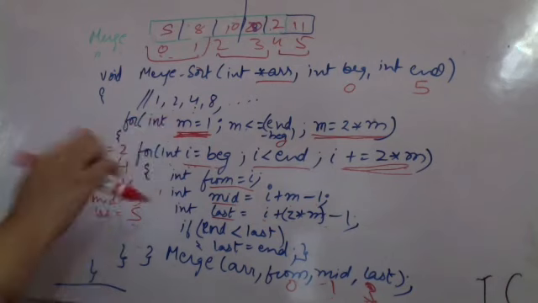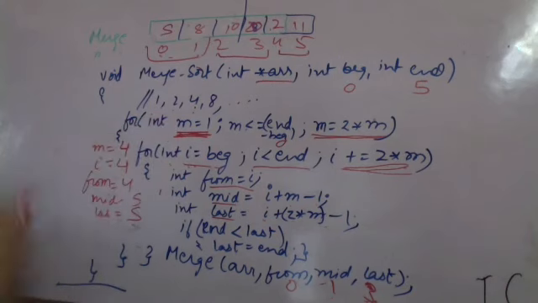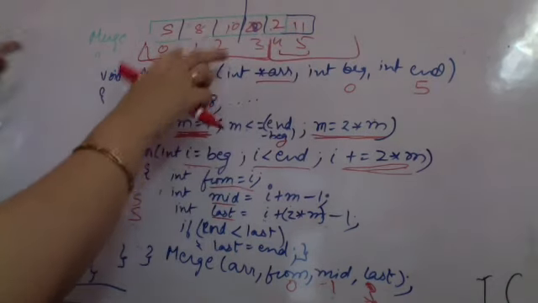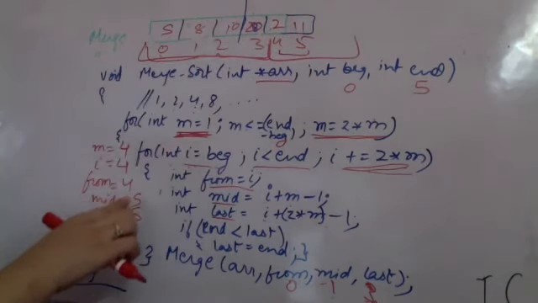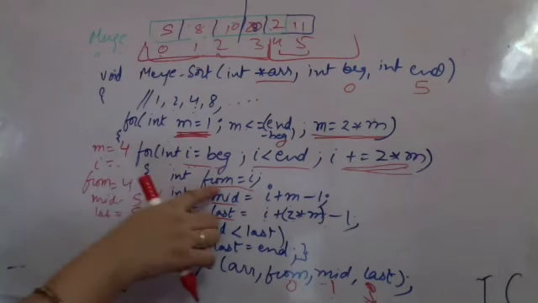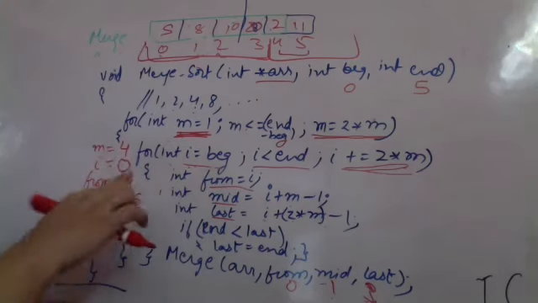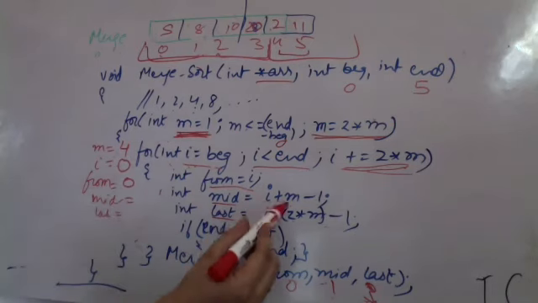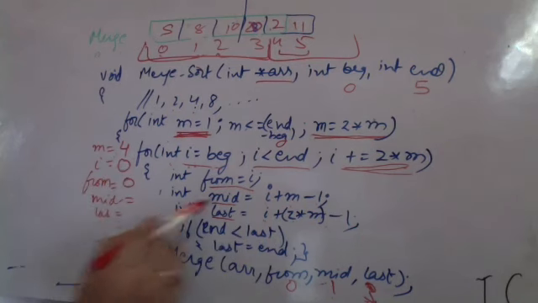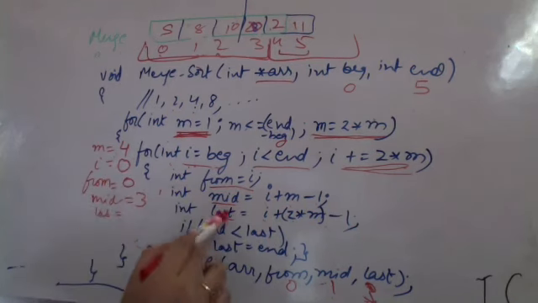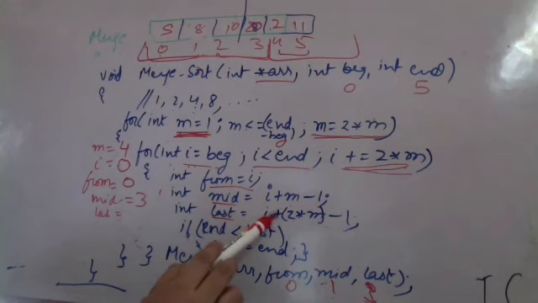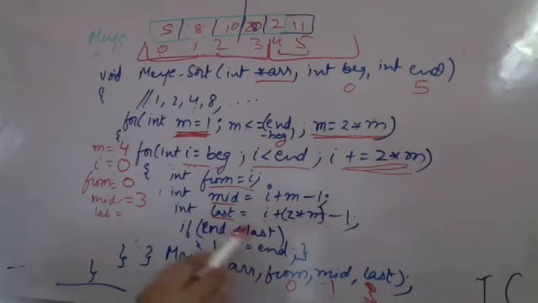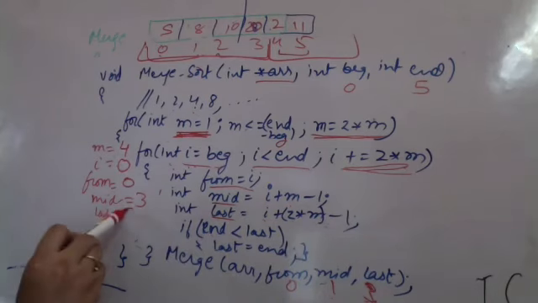Next time m becomes 4, now I have to sort these two. M becomes 4, one array of size 4 and one of size 2 is left. So from becomes I is beginning, 0, I will start again from 0, from becomes 0, middle is now calculated as 0 plus 4 minus 1, so it is 3, last is calculated as 0 plus 8 minus 1 which is 7, 7 is bigger than end so last becomes 5.